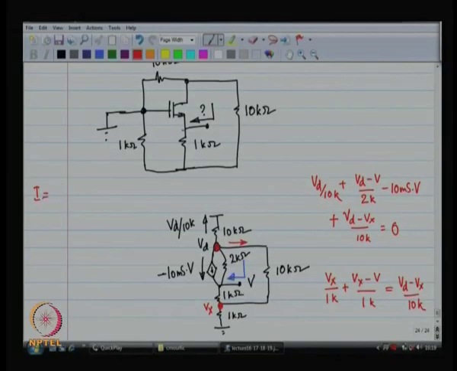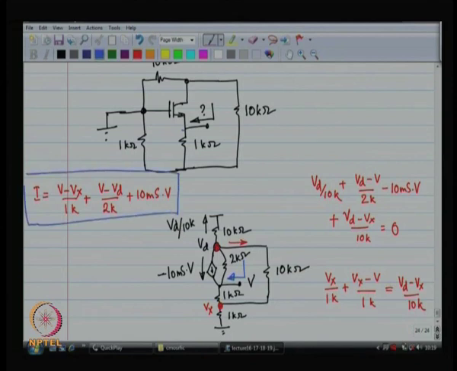More importantly, you need to figure out what is the current coming in from V. The current coming in from V is equal to this is what it is. So, keep this in the background. Remember that this is our objective.